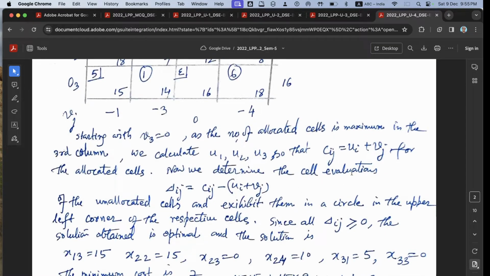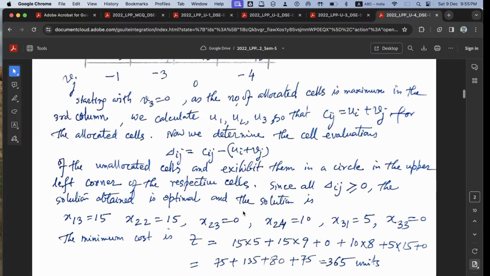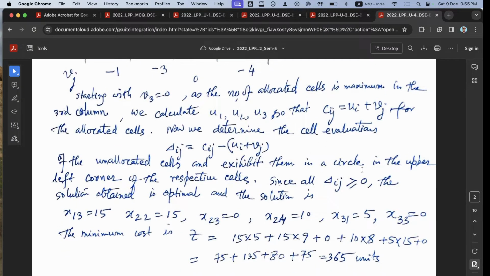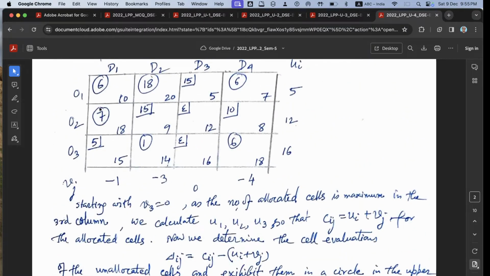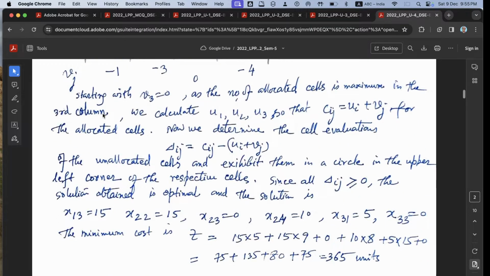And now we determine the cell evaluation delta ij equal to Cij minus (ui plus vj) for the unoccupied cells, and exhibit them in a circle in the upper left corner of the respective cell. Encircle this column cell evaluation value.